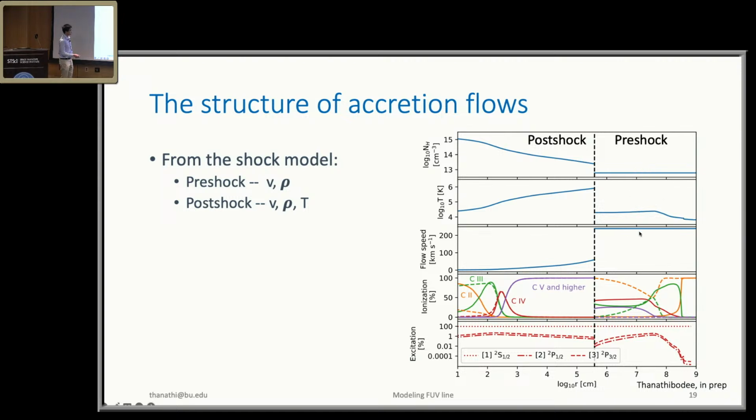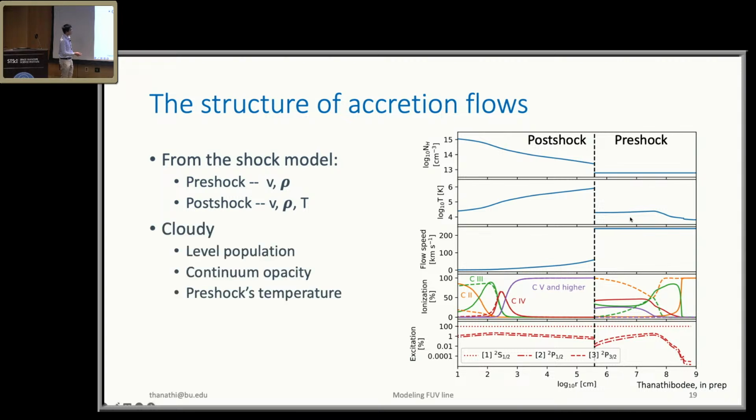The pre-shock speed is constant, and the temperature is calculated later by Cloudy, and we have the temperature structure. For the post-shock, the accretion shock model calculates these 3 parameters. And then this is used as an input into Cloudy to calculate the level population, ionization, and things like that for the carbon atom.